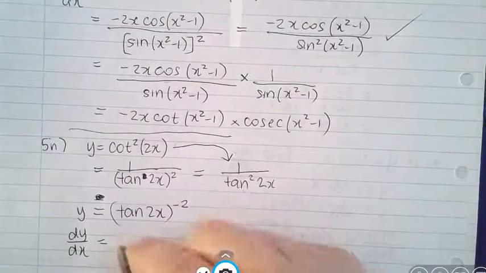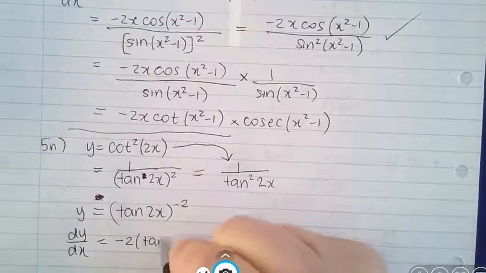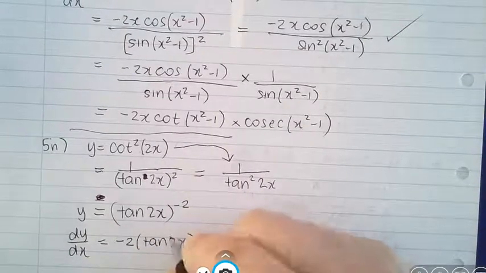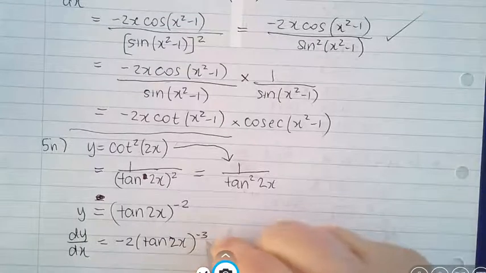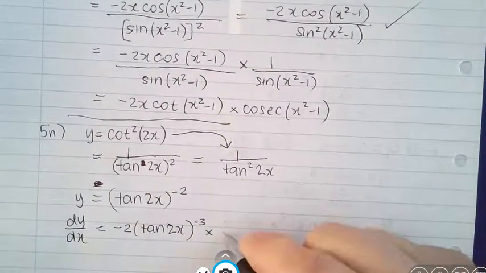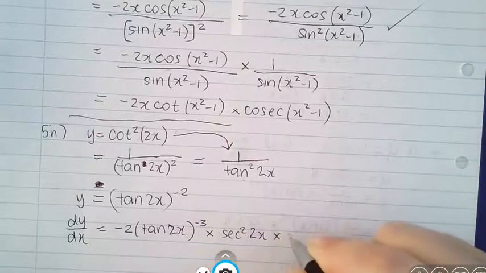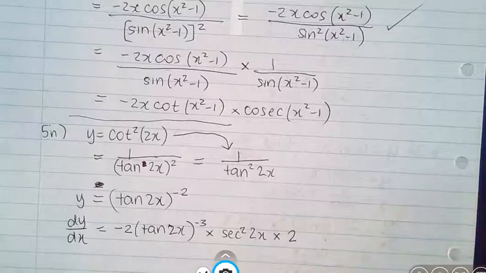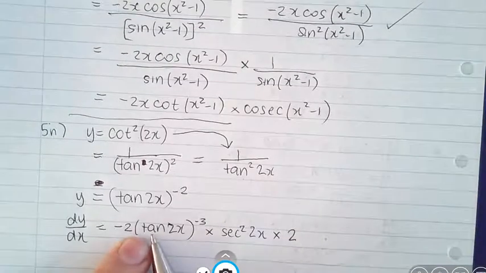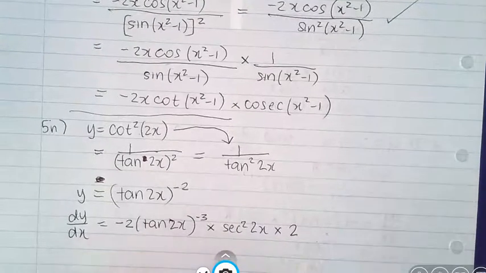Derivative, bring the negative 2 to the front. Write it out. What's my new power? Times the derivative of tan of 2x. It's sec squared 2x times differentiate the 2x and you get 2. Differentiating the tan of a function is the sec squared of that function times the derivative of that function.